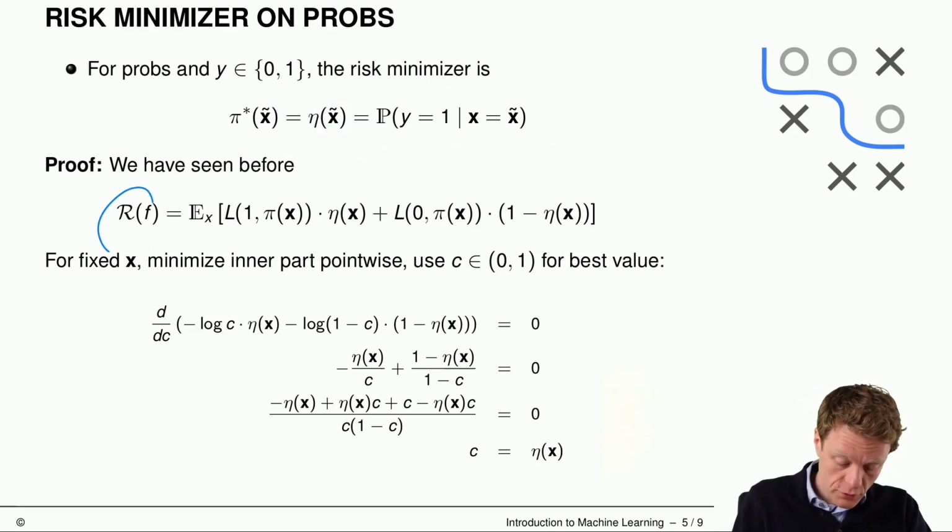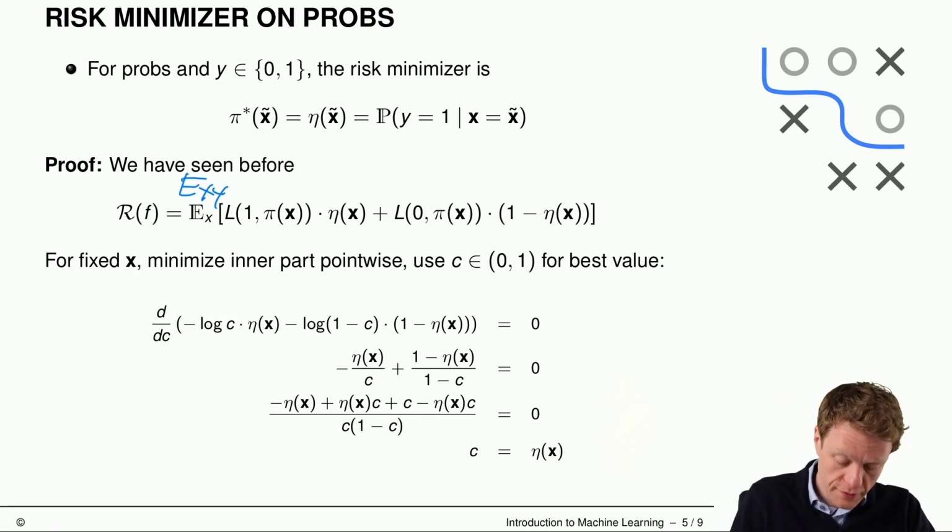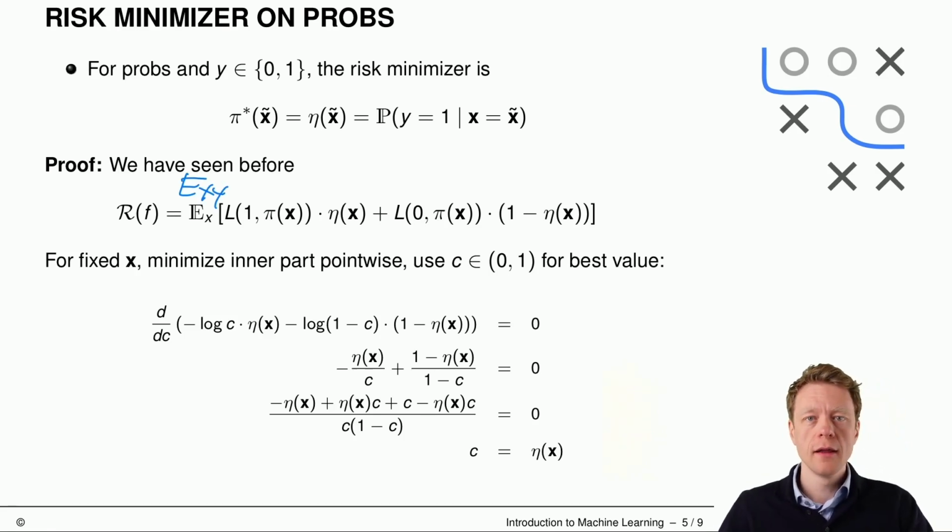Okay, so let's start. What we want to find is the thing that minimizes the risk. Risk is expected loss, of course, and we have seen this formula before. So just to recall, we have the expectation with respect to x and y. Then we can use the law of total expectation.